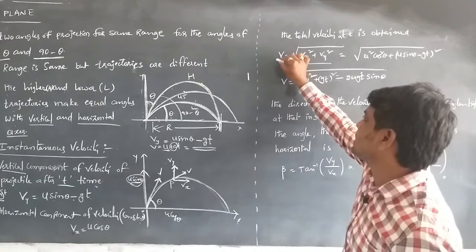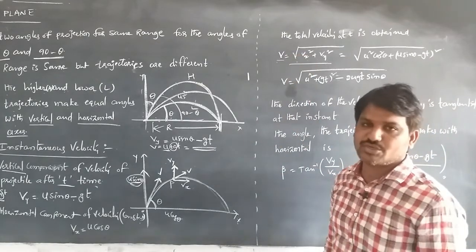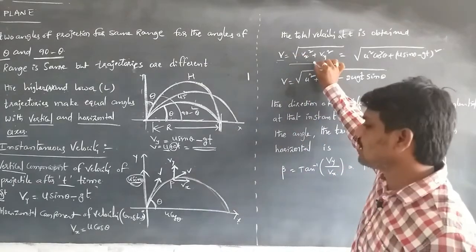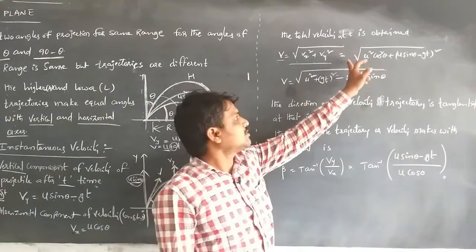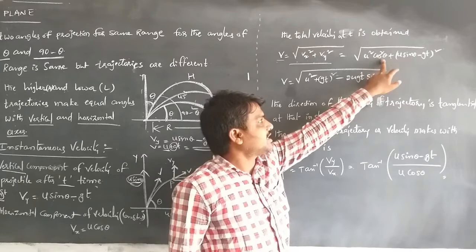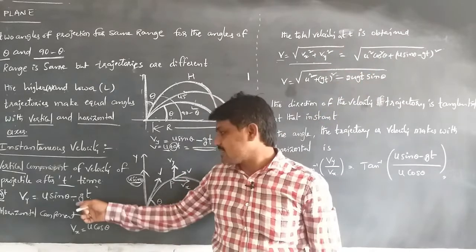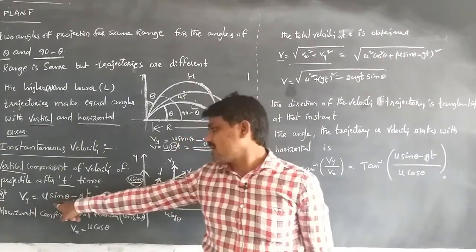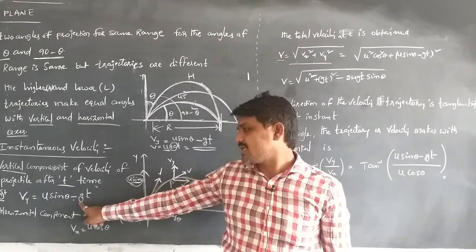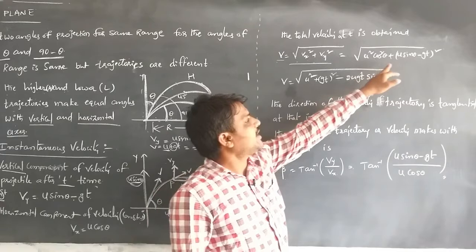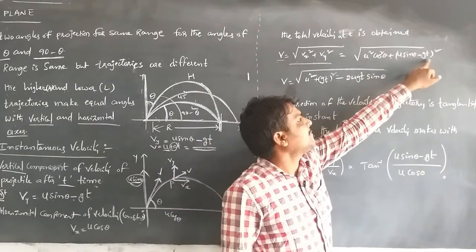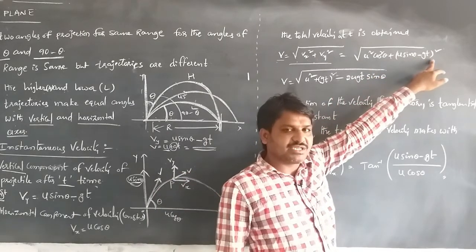Since Vx is equal to u cos theta, we get u square cos square theta plus Vy square, where Vy is u sin theta minus gt, so u sin theta minus gt whole square.